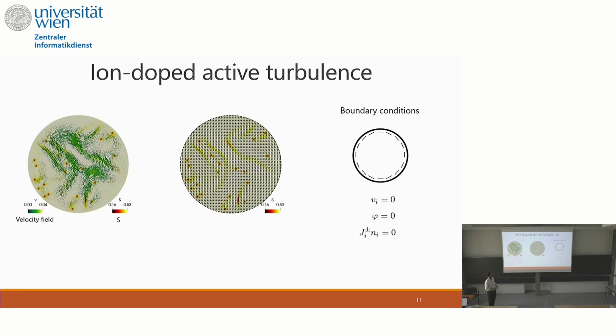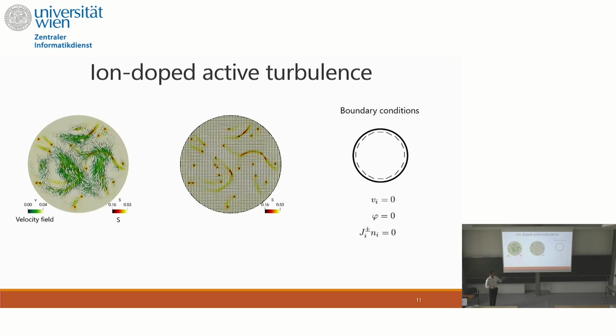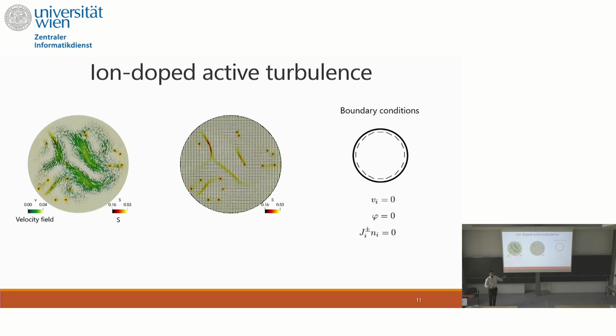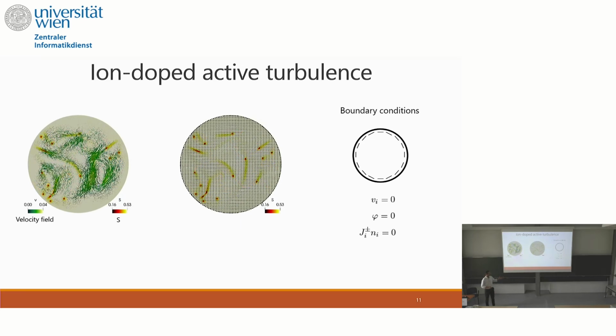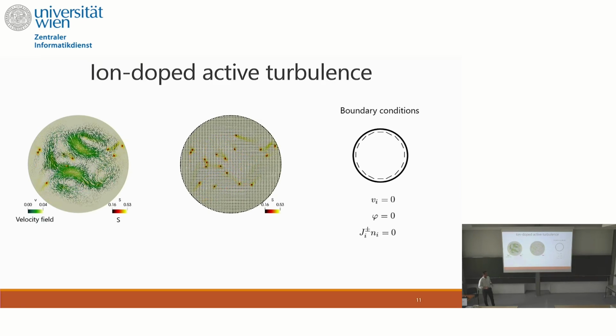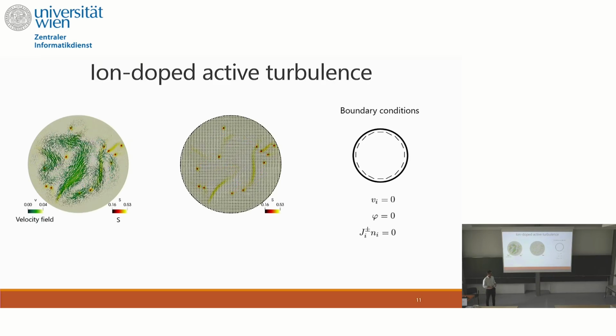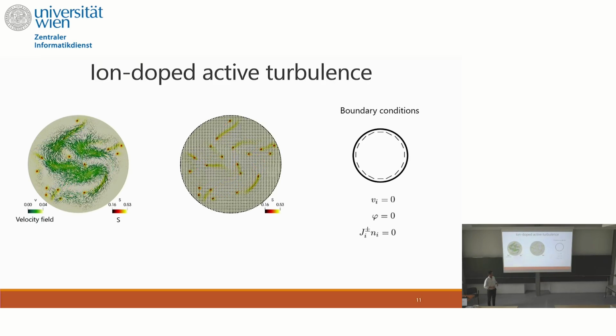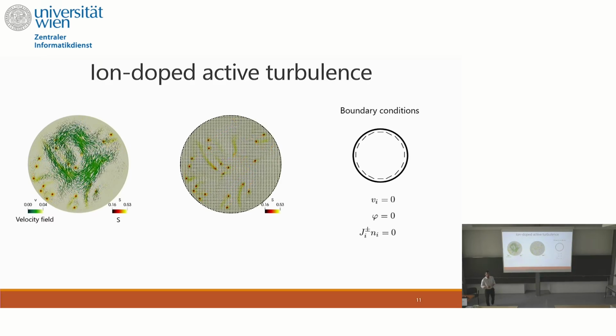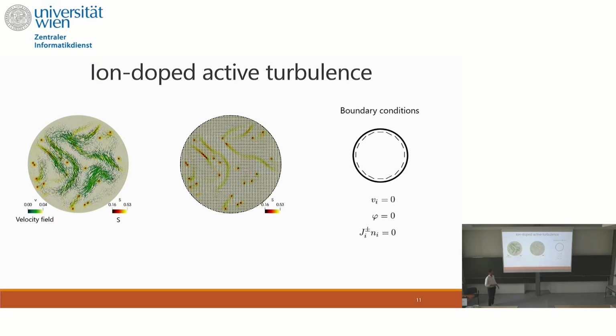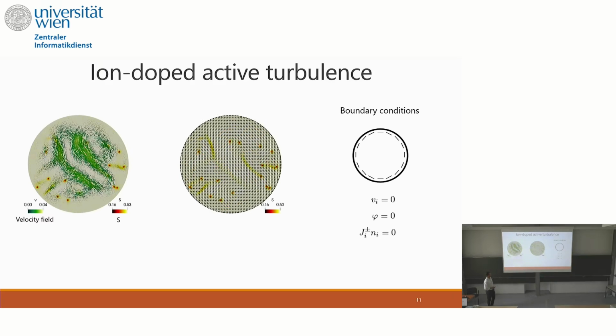I have planar boundary conditions for the nematic, so the orientation of the nematic at the boundary is perpendicular to the normal. Then the velocity at the boundary is 0. I have a constant voltage regime with 0 potential at the boundary, and I am conserving the number of ions, so there is no current through the surface.